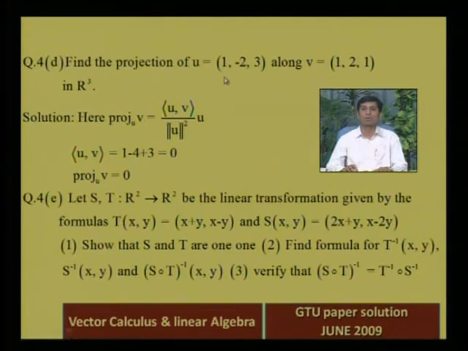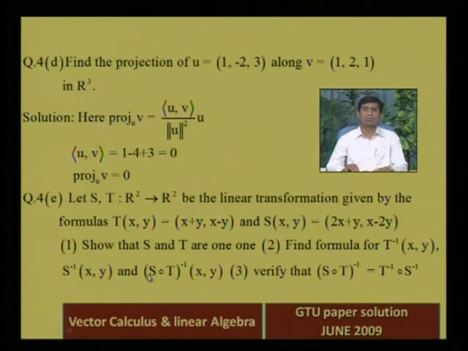That is exactly the dot product of u with v: 1 into 1, minus 2 into 2, plus 3 into 1, that is equal to 0. So the projection of v with u is equal to 0, because the inner product of u and v is 0. Okay, so this is quite a simple question, asking 1 or 2 marks.